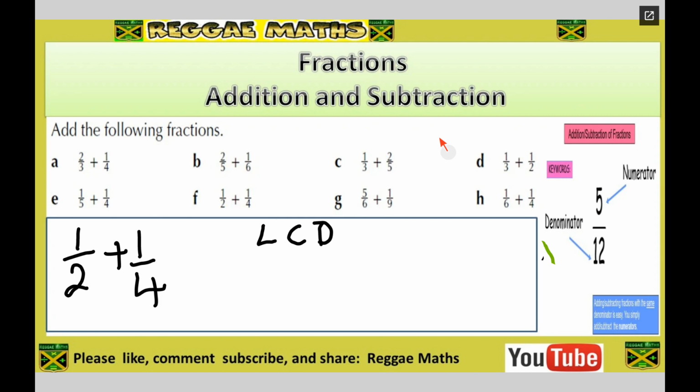Multiples of 2 are 2, 4, 6, 8, and for 4 we've got 4, 8, 12. So you can see here the lowest common denominator for 2 and 4 is 4.